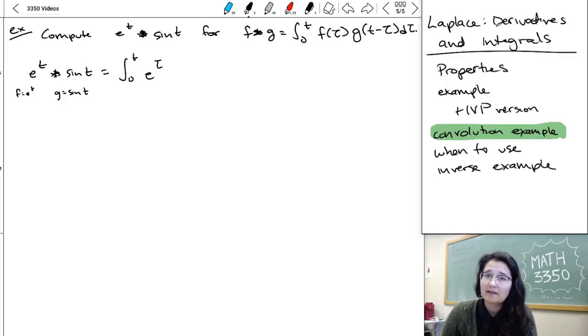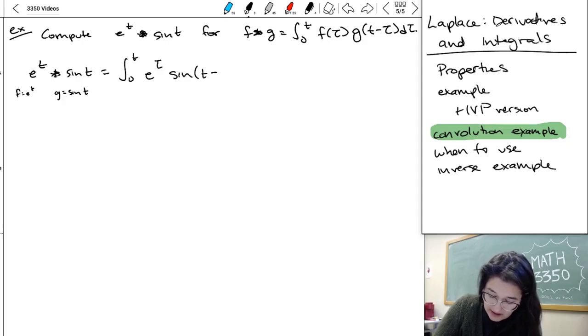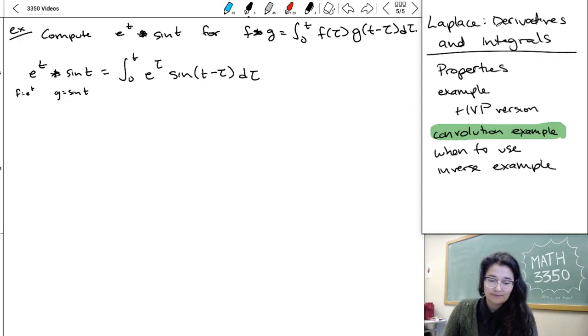So everywhere I see t, I'm going to switch it for t minus tau. So in this case, it's going to be sine of t minus tau. And then we integrate all that with respect to tau. If I had sine of 2t, I would make sure to distribute the 2 across the entire t minus tau, but in this case it's a little bit simpler.